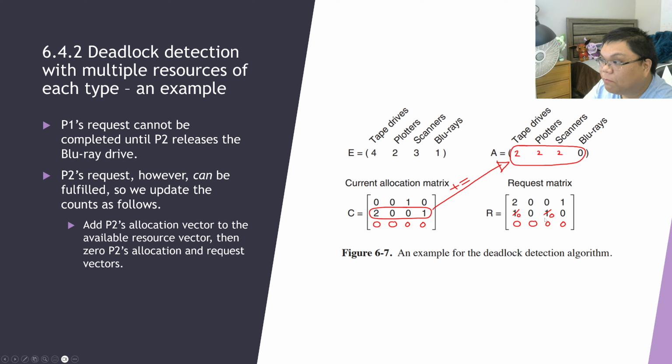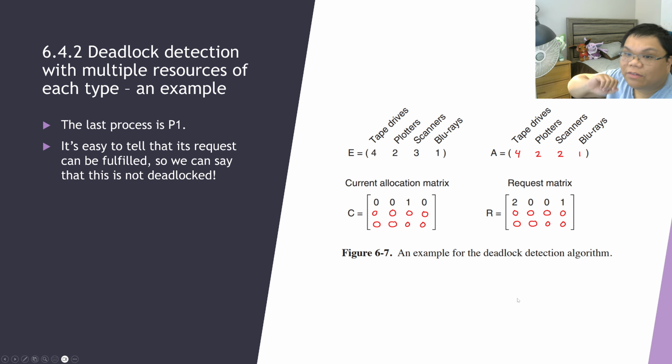But we do have enough resources to fill process 2's request. So we zero out this row and then add this row back to this vector here. After that, we zero out the request and allocations for process 2, and now we know that process 2 has terminated. But look at our pool now. We have even more resources available.